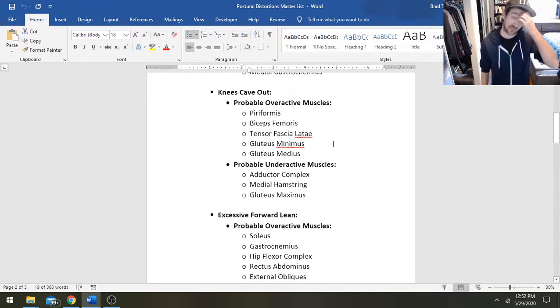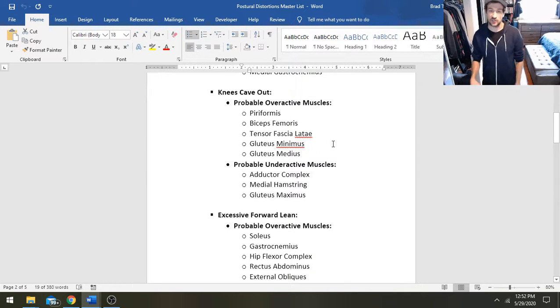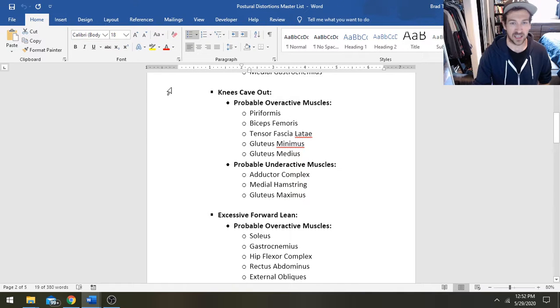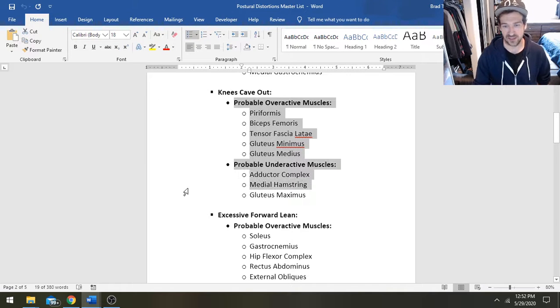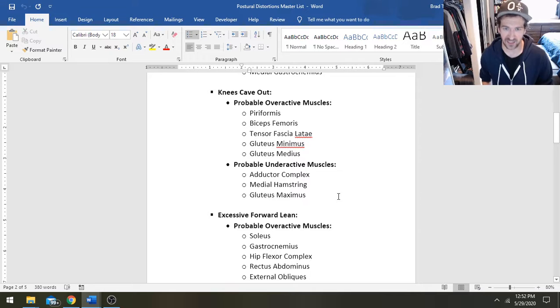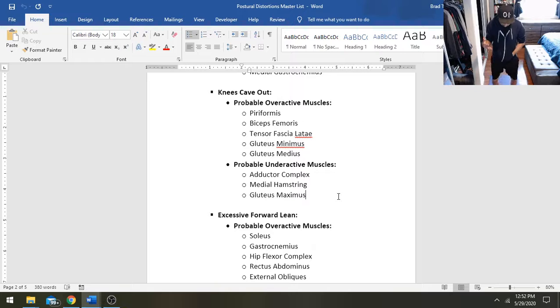Now, in the corrective exercise class, you won't see questions related to this in your final, but if we look at knees caving out, this is a CES concept. Your probable overactive muscles are exactly the opposite of knees caving in. So these are your overactive external rotators and overactive abductors, whereas you have underactive adductors, right?